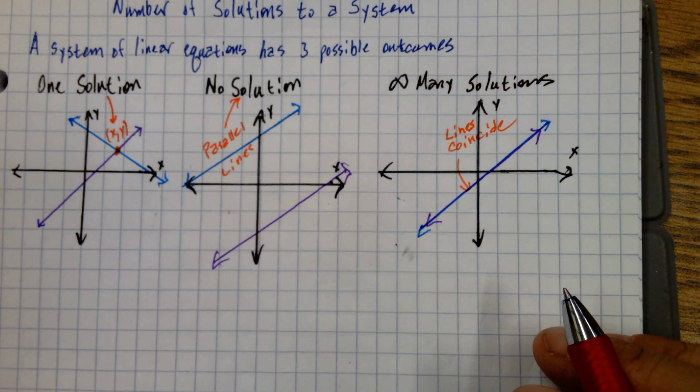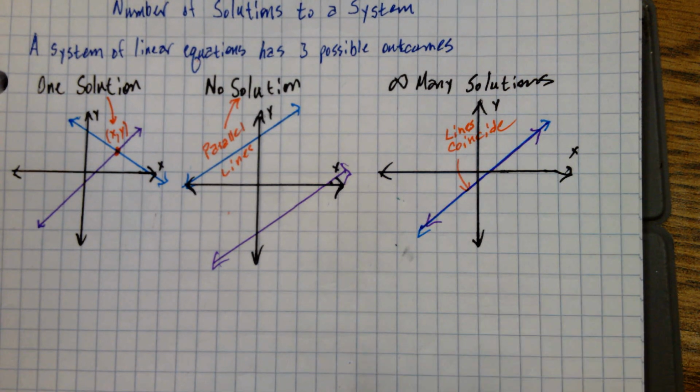All right. So those are the three possibilities. The first one's the most common. It happens all the time. The other two happen every so often.